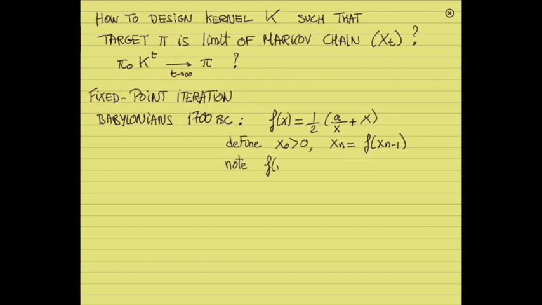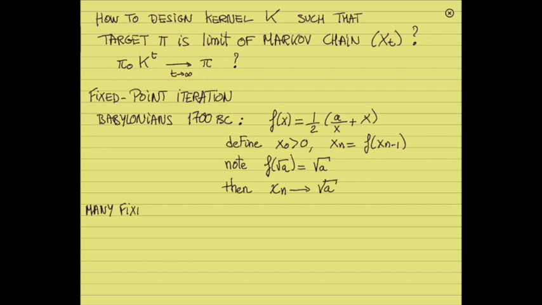You can note that square root of a is the fixed point of this recursion. So f of square root of a is square root of a. And then the resulting sequence, xn, can be shown to converge to square root of a.